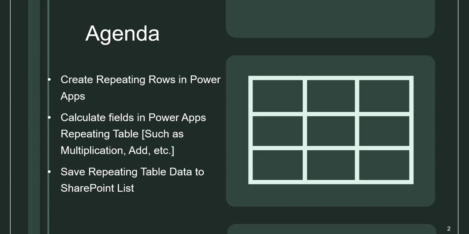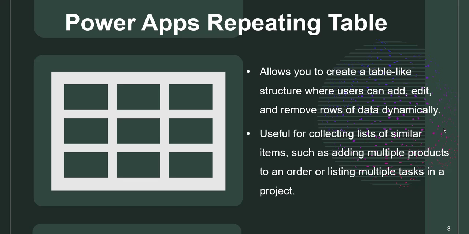So first of all, what is a PowerApps repeating table? Some users call it a PowerApps repeating section, and some call it a repeating table or repeating rows. It is everything the same thing.